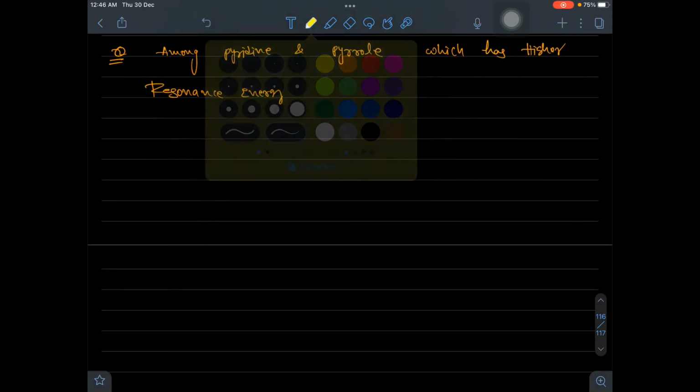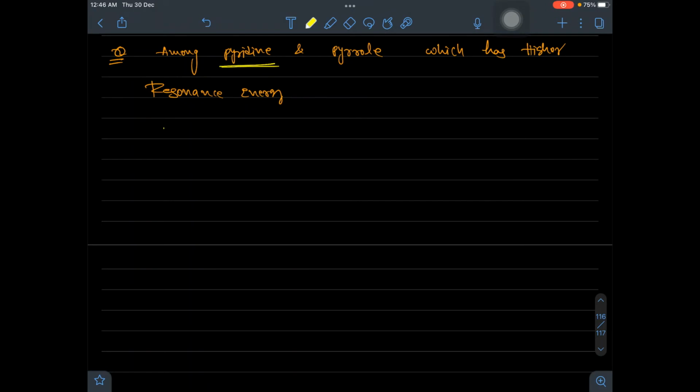Take the structures of pyridine. In pyridine, conjugation is possible between multiple bonds only. In pyrrole, conjugation is possible between the multiple bonds as well as the lone pair present on nitrogen. Here conjugation is possible only between the multiple bonds, so you will have only two resonance structures, which are equivalent.